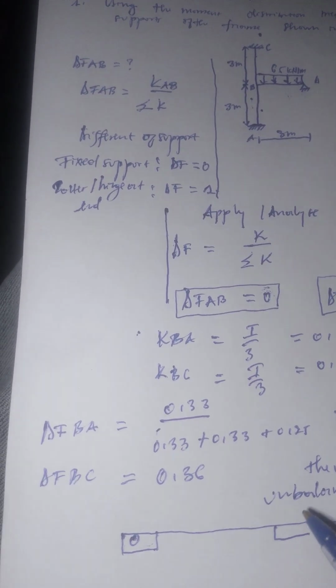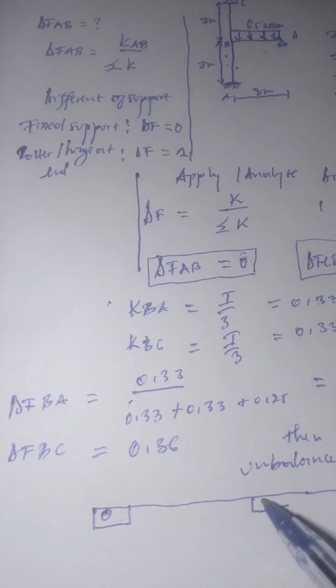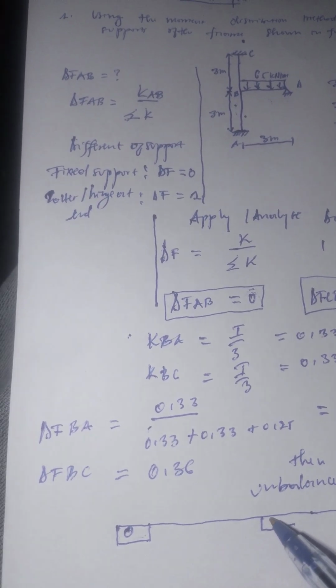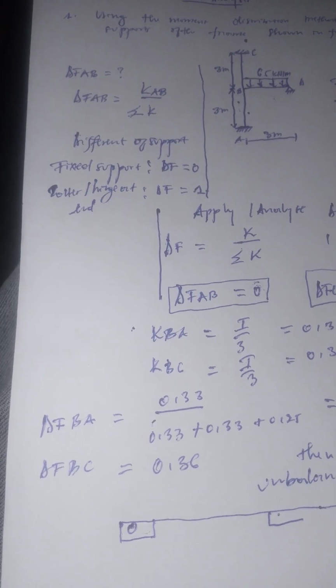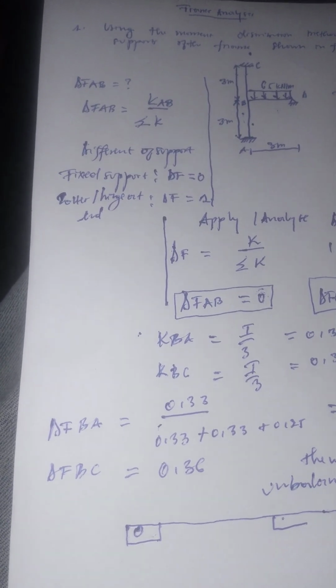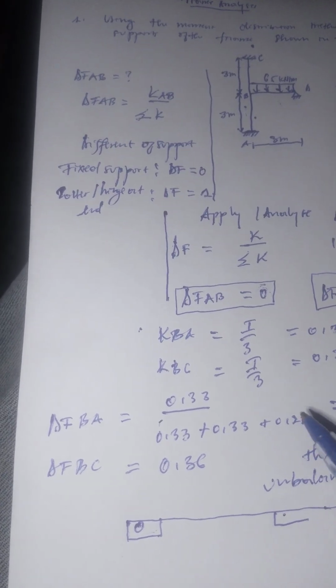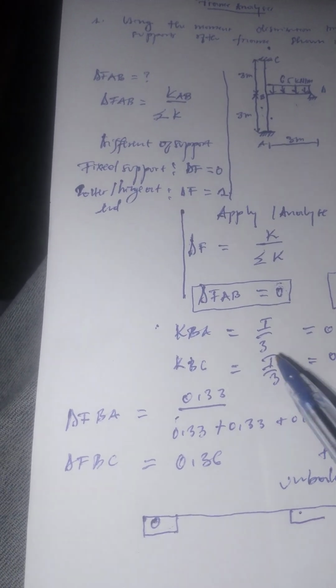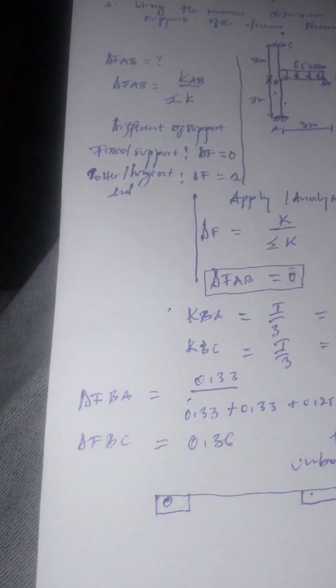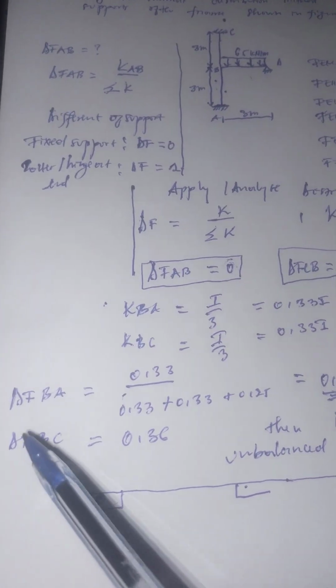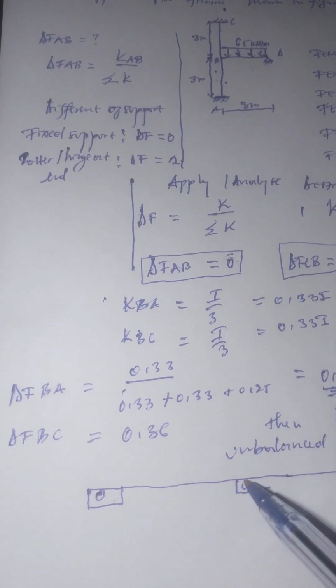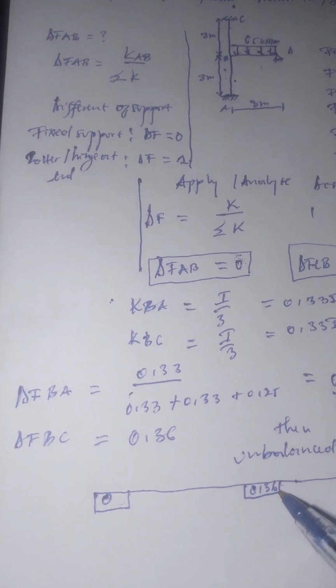And distribution factor BC, BA. Distribution factor BA, we have a 0.36.